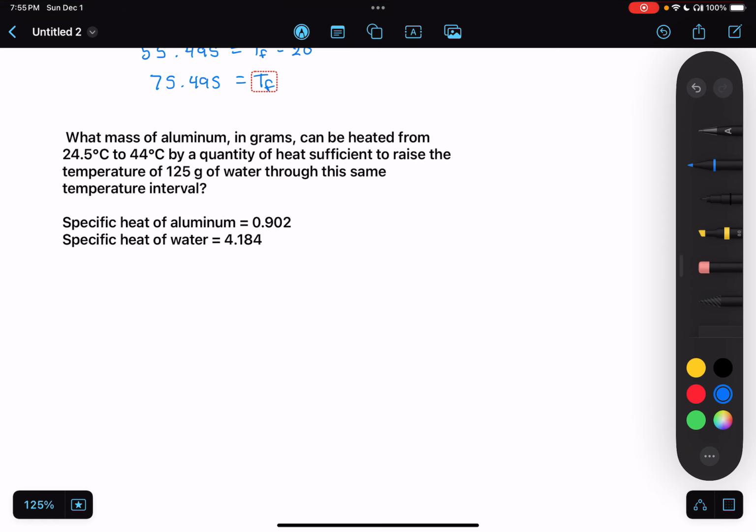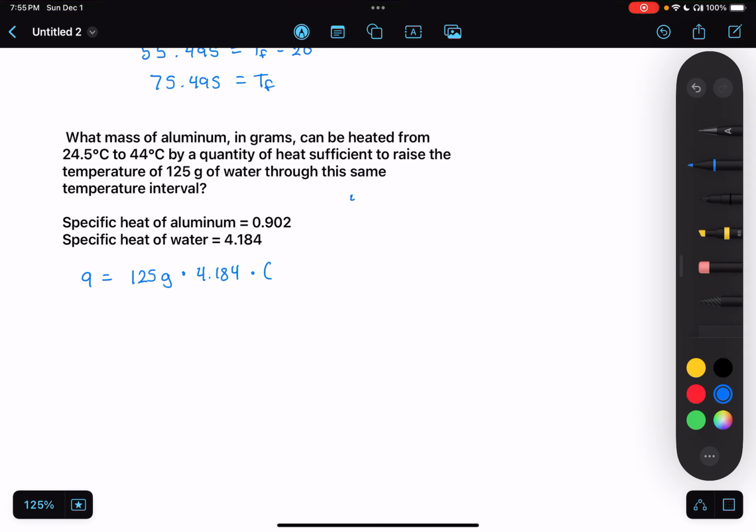They give us Q is going to be equal to the mass of the water, 125 grams, times the heat capacity of water, 4.184, times the change in temperature.